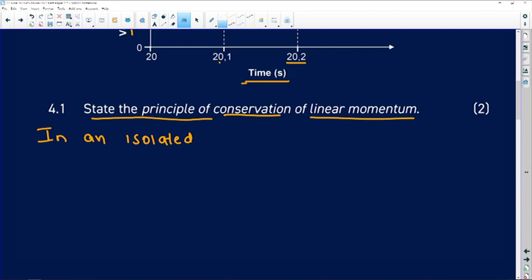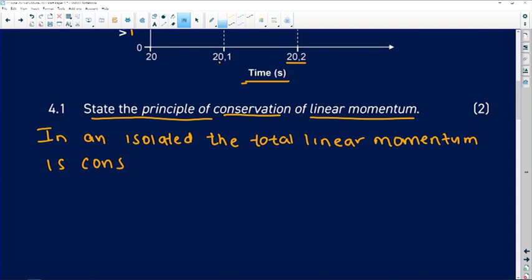So in a closed system, the total linear momentum is constant, or you can say it is conserved, or it remains constant.